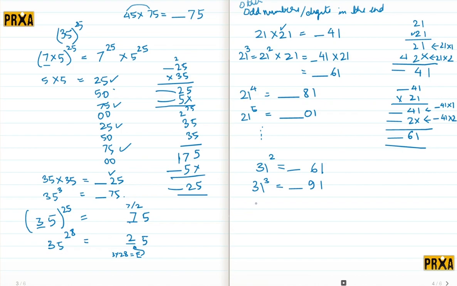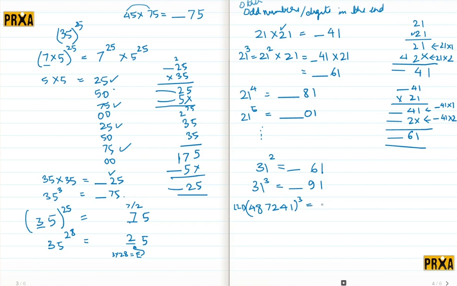Likewise, if I were to extend this logic to an even bigger number ending in 1, let's say I have the number 487241, and I were to find the last 2 digits of this to the power 3.